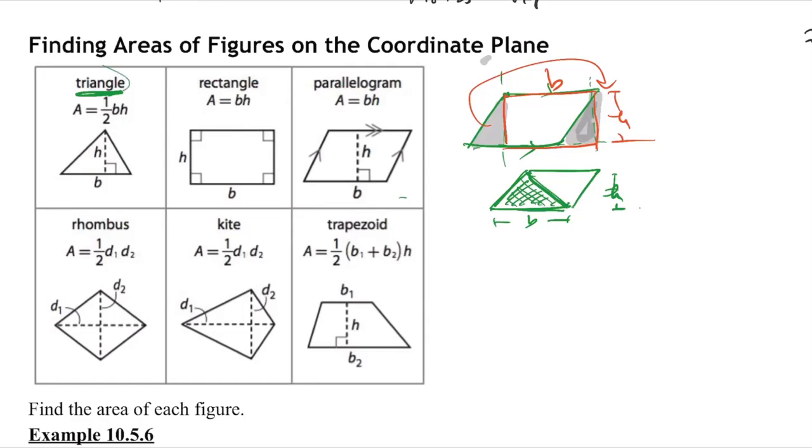That's right, the area of the triangle is 1/2 of the parallelogram. Not only can you do it that way, I could have cut this the other way. As long as you cut across the diagonal, you get the same exact equation. So that area is 1/2 of the area of the parallelogram, which is 1/2 BH. Sounds good? All right.